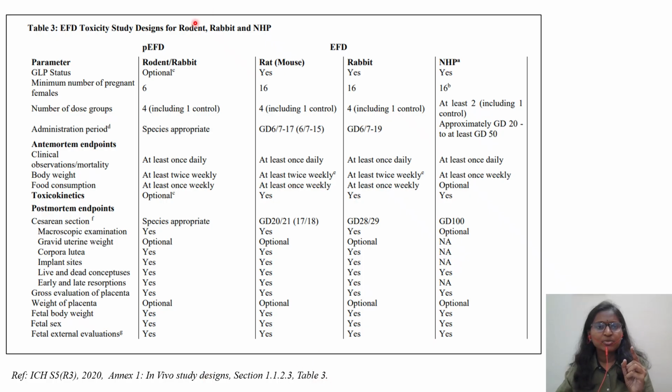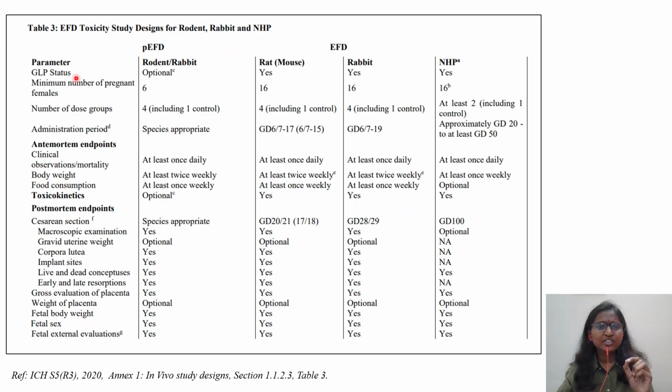So what is this Table 3? Table 3 is about embryo-fetal developmental toxicity study design for rodent, rabbit as well as NHP, that is non-human primate, that is monkey. Our question was with respect to fetal malformations and resorptions. First you see the parameter: we have GLP status.